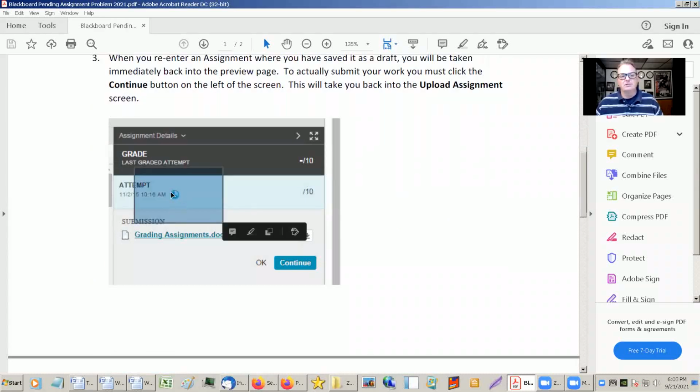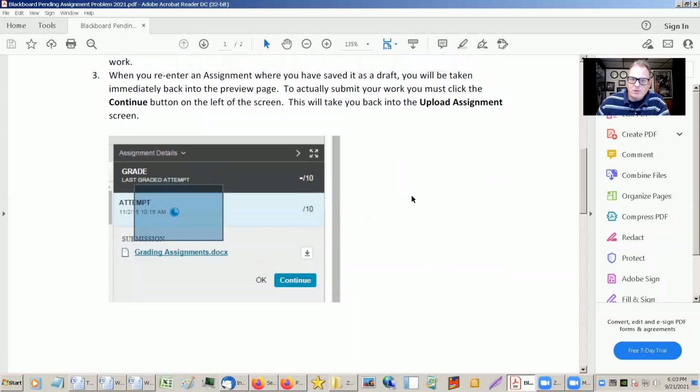I see a little blue circle thing, and there's nothing I can do with that. It says it's pending, and it's basically there for if someone was doing a test and they have an hour to do it, and they were still working on it, it would show that pending. The problem is it doesn't go away, and I can't get rid of it. So there's a pending problem.